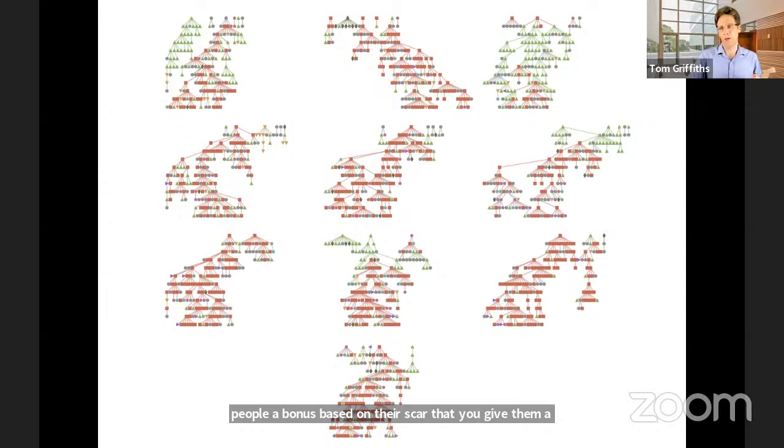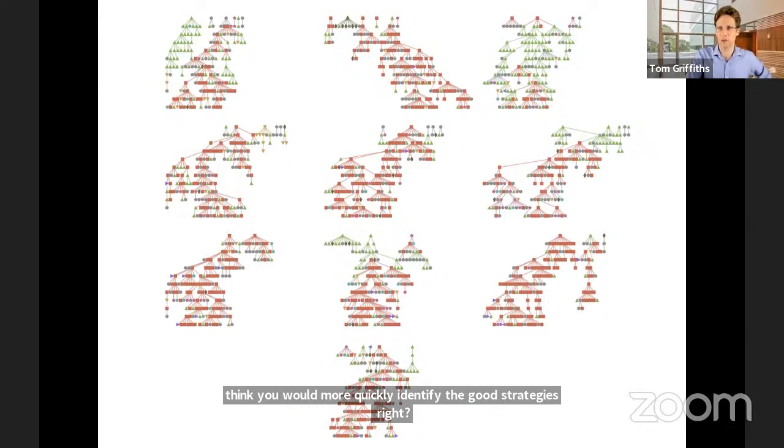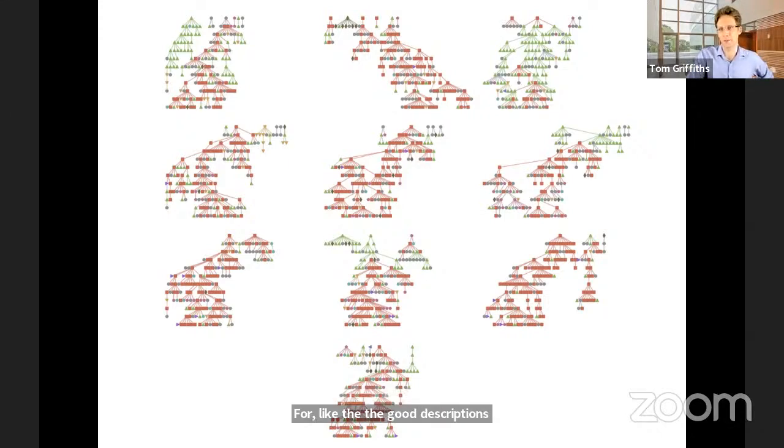That way people are highly motivated to do a good job of teaching. If you surface that information, I think you would more quickly identify the good descriptions that can then lead you to the good strategies.